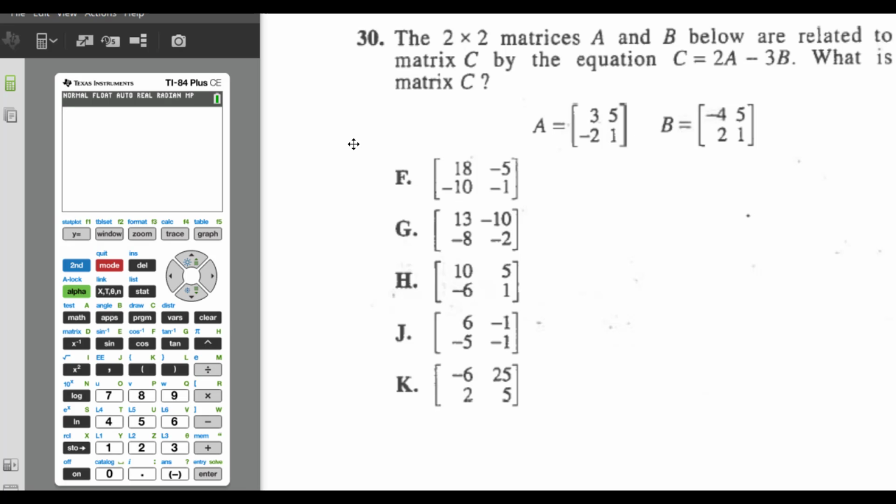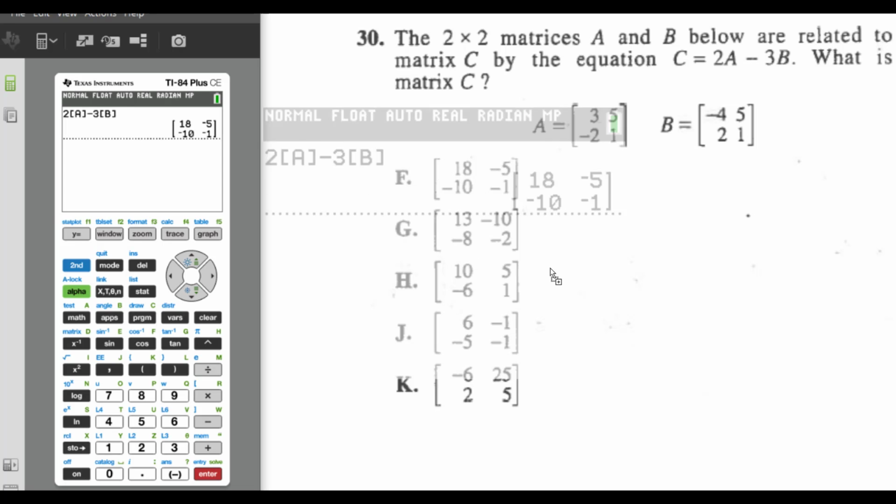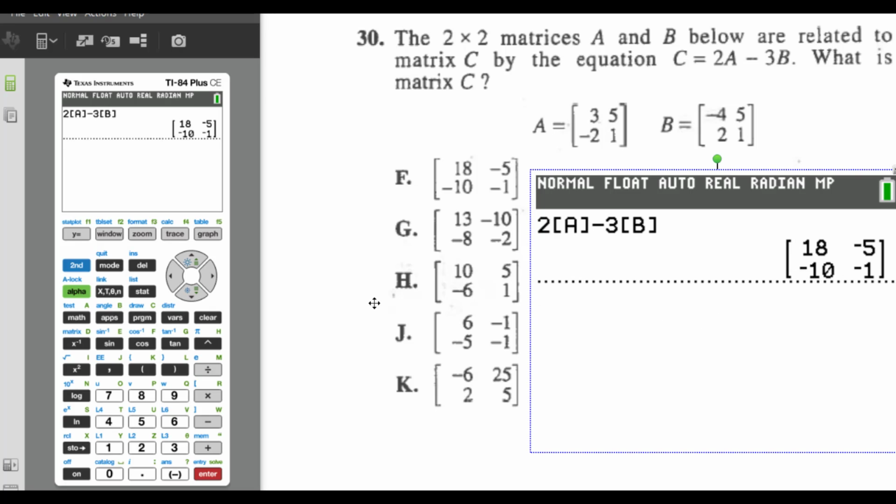So now we're ready to go ahead and multiply matrix A by 2. So that'll be 2, then second X inverse, and we're under name, so 1, matrix A, minus 3, second X inverse for matrix, and then the second one is matrix B. So it's going to take those matrices, do the calculations, and there's our answer, which is letter F.